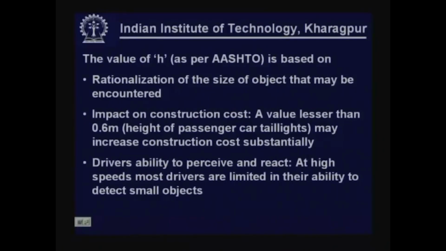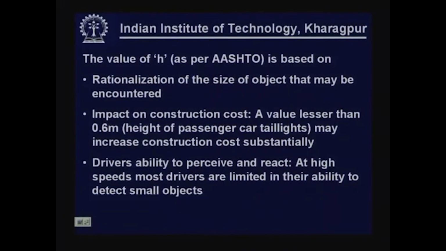Now, the height of the object as taken by AASHTO is much higher, 0.6 meter, as compared to the object height considered in Indian conditions as per Indian Roads Congress recommendations, that is 0.15.